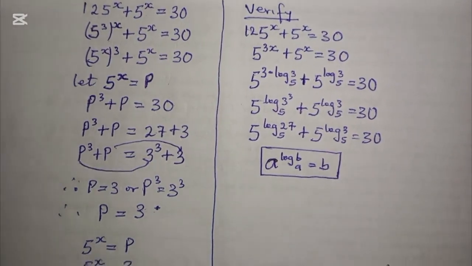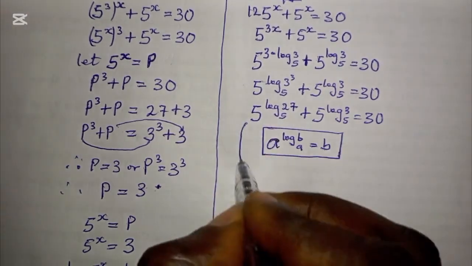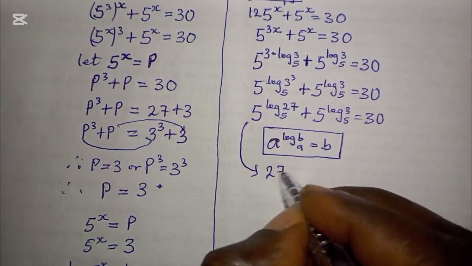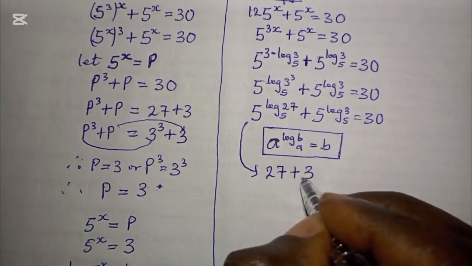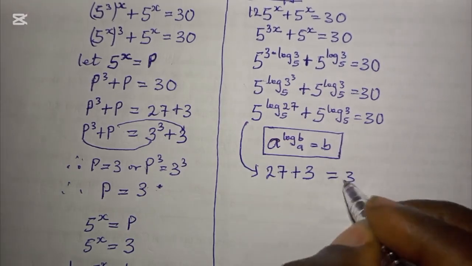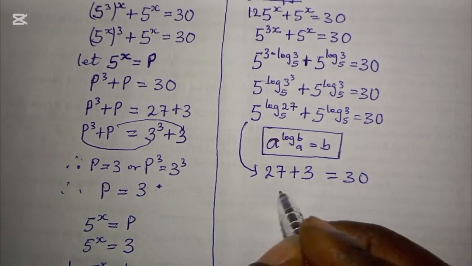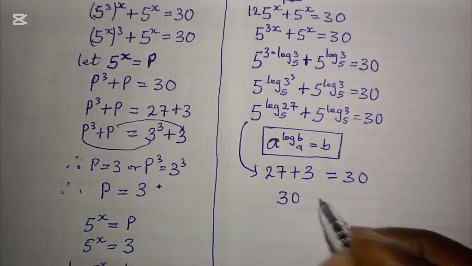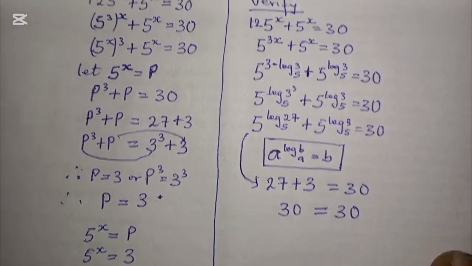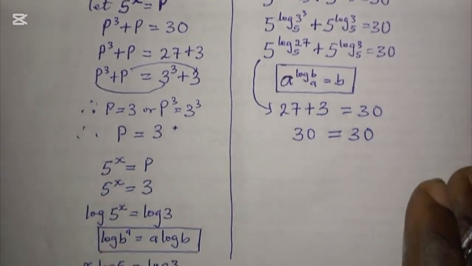If you apply this here, we are going to have 27 plus 3, which is equal to 30. So if we add 27 plus 3, definitely we are going to have 30, which equals 30. We have verified this answer to the question.